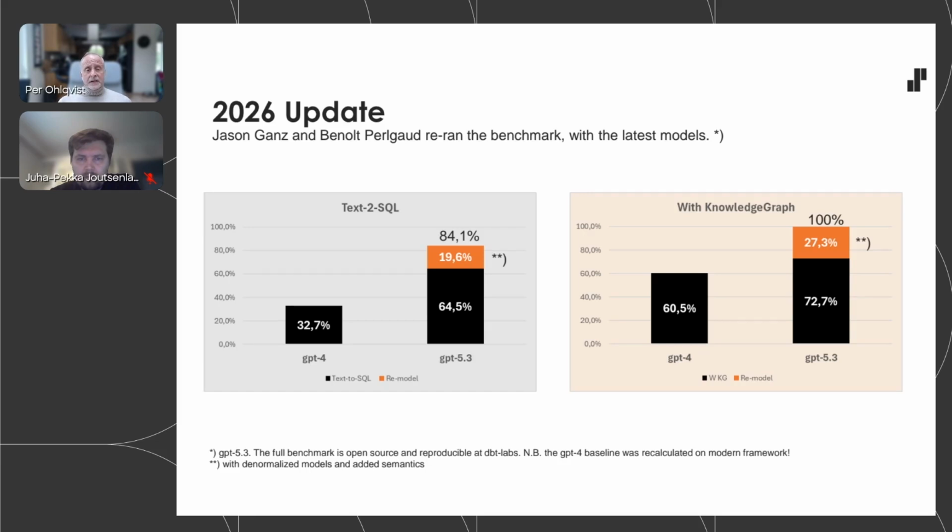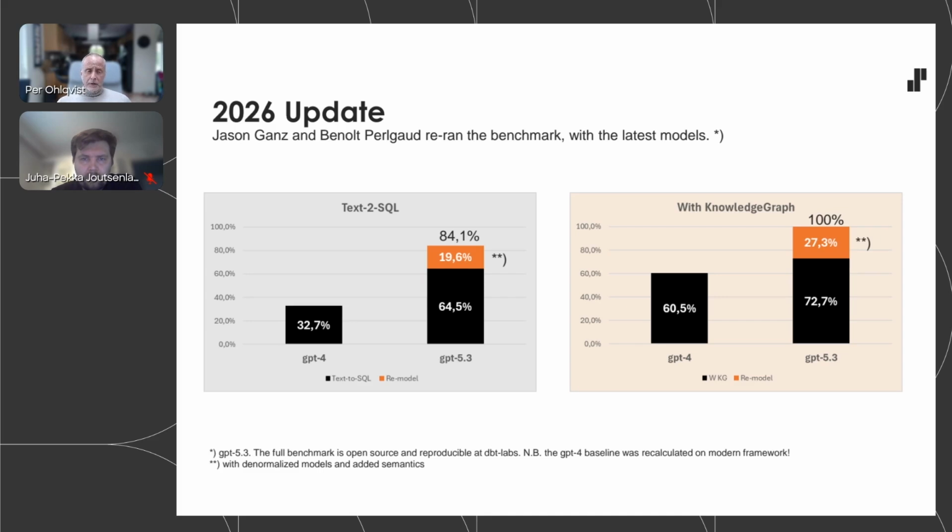As a matter of fact, just recently there was an update of this benchmark made by Jason and his colleagues. It's all open source and available at the dbt Labs homepage. It's also worth mentioning that they had a somewhat more modern technical framework, so that's why the GPT-4 comparison here is not 0%.